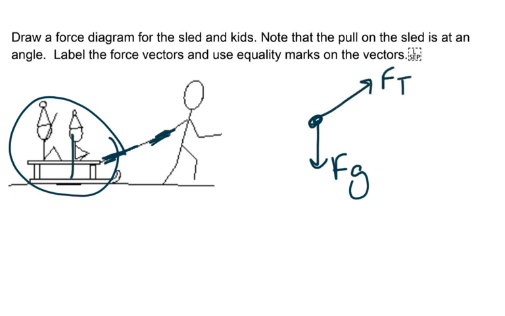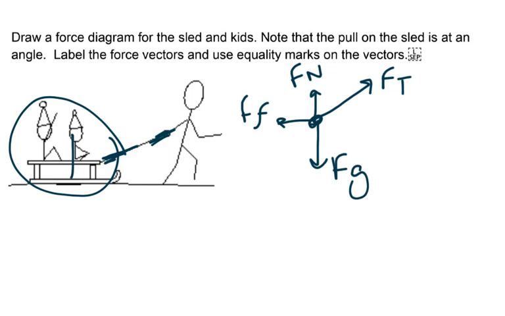The normal force is perpendicular to the surface. And then it doesn't tell us if it is at constant velocity or if it is accelerating. So I could leave my force diagram like this, or I could assume the snow is a little rough and I could have a frictional force going to the left.